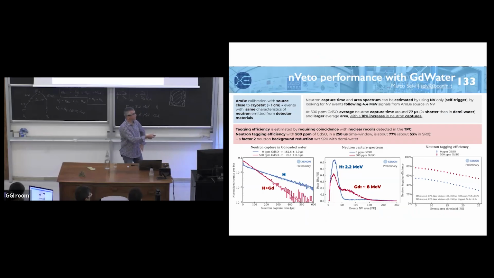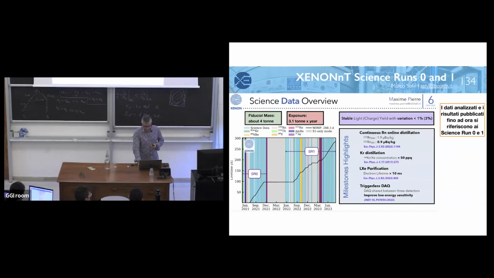Plus, you shift the energy from the 2.2 MeV peak of hydrogen, adding a shoulder at 8 MeV. Of course, hydrogen is still there, so we put in a small amount of gadolinium to start with, and we have the presence of both peaks. But in the end, we improved the tagging efficiency against neutrons, and so the background, by a factor of 2. That was very good.